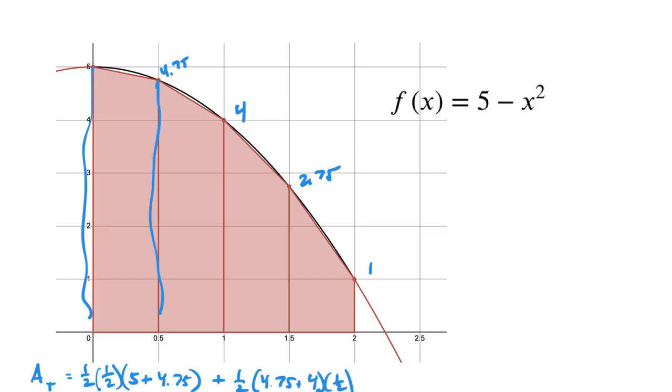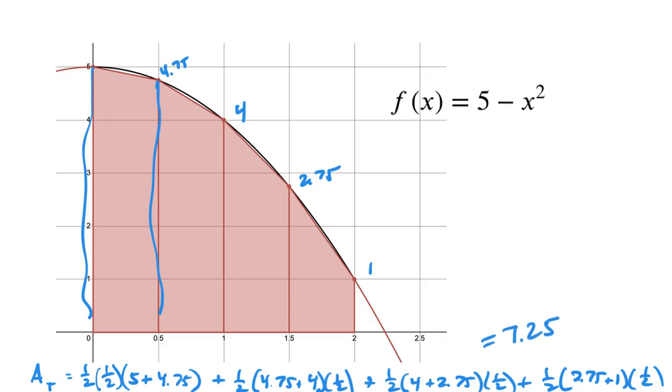There's the second trapezoid, plus the next trapezoid, which is 1/2 of base 4, plus 2.75, the second base, times the height, which is 1/2, plus 1/2 of base 1, which is 2.75, plus 1, times the height, which is 1/2. My goodness, add this all together, and we will come up with the answer. And I come up with the answer of 7.25 using my trapezoids.